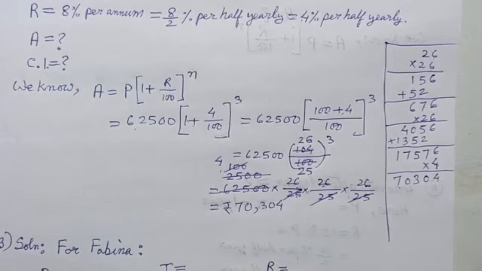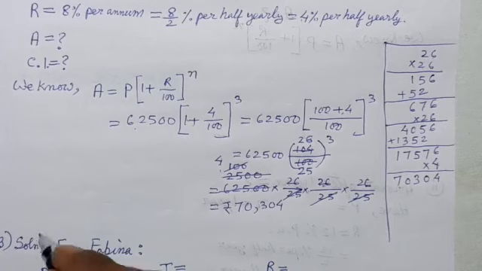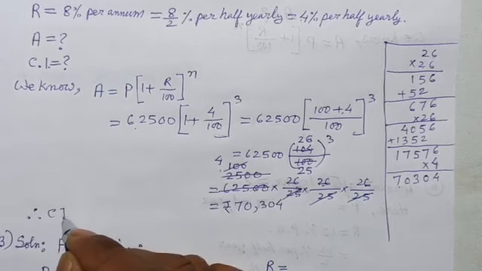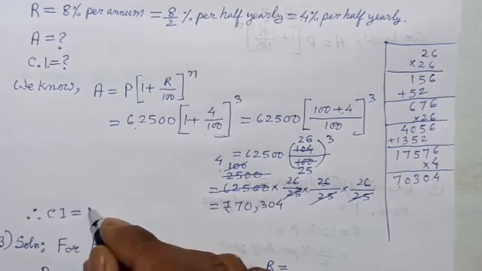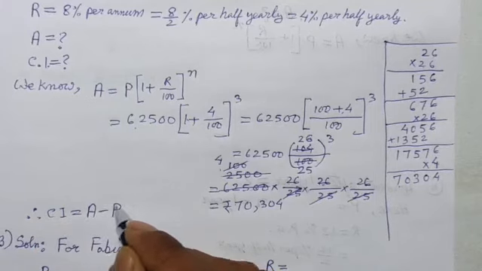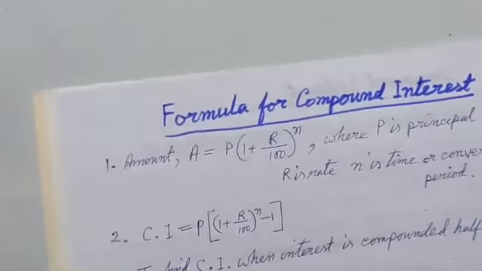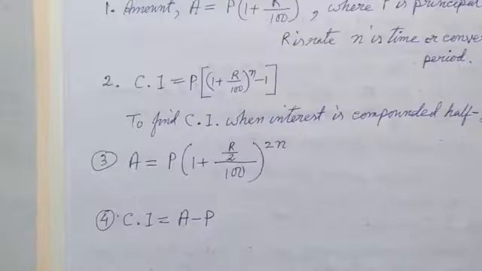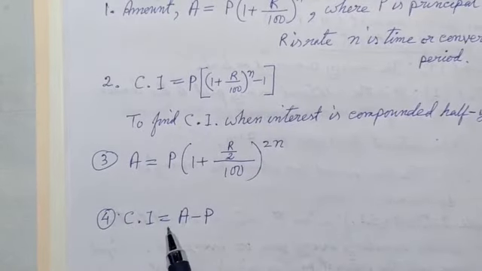Next, we have to find the compound interest. The formula to find compound interest is amount minus principal.